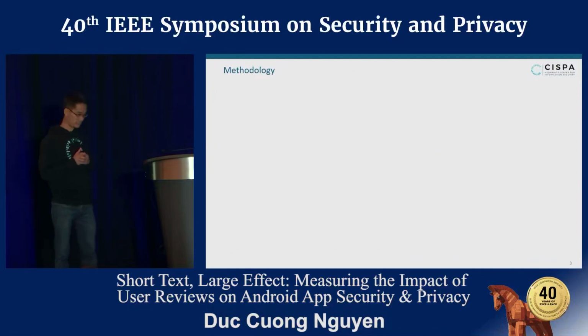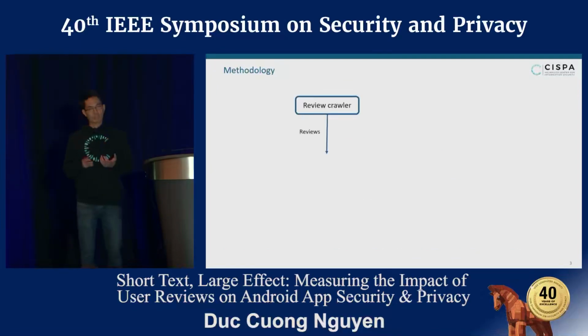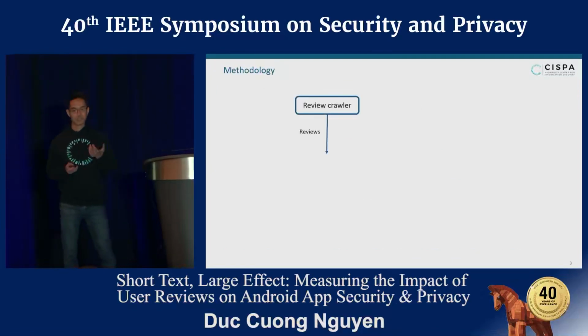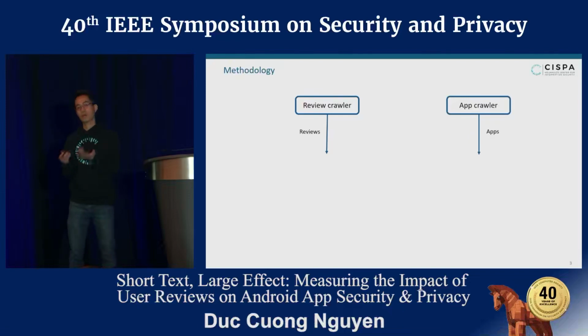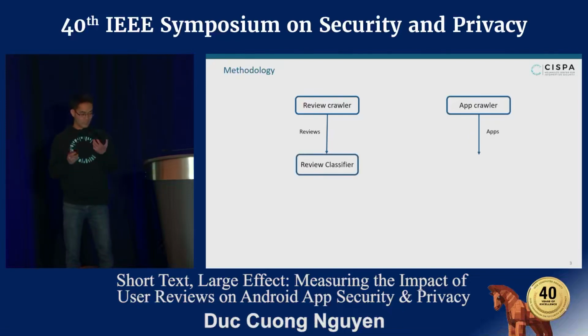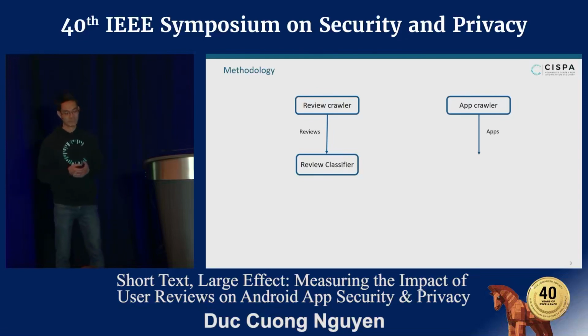and later on I will explain each component in detail. So we start our approach with a crawler that crawls all app reviews and app version history. By version history, I mean we download all app releases. And for app reviews, we want to know whether a given review is security and privacy related or not. Therefore, we built a review classifier using machine learning and natural language processing techniques.